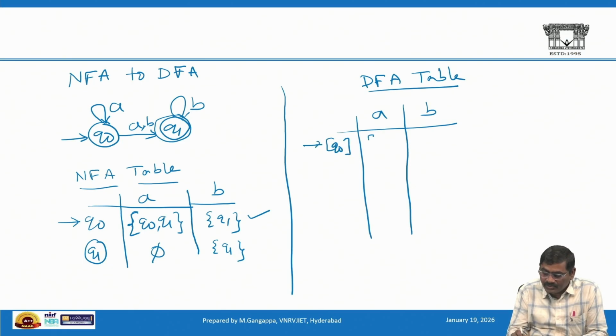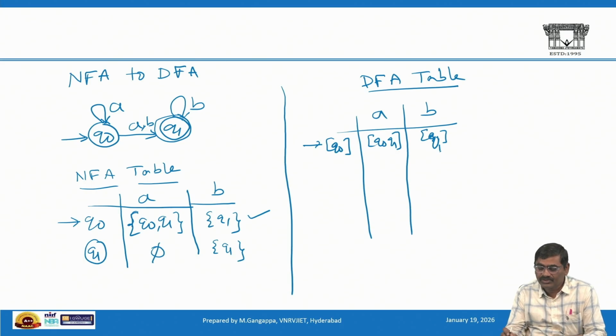Q0 on a goes to Q0, Q1. Q0 on b goes to Q1. The first row is considered the same in the NFA and DFA.